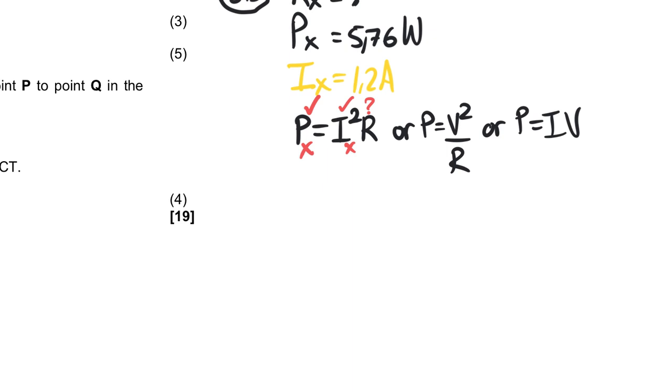So the power is 5,76 watts. We substitute that in, 5,76 watts equals the I squared, which is 1,2 ampere squared, times the resistance of X.